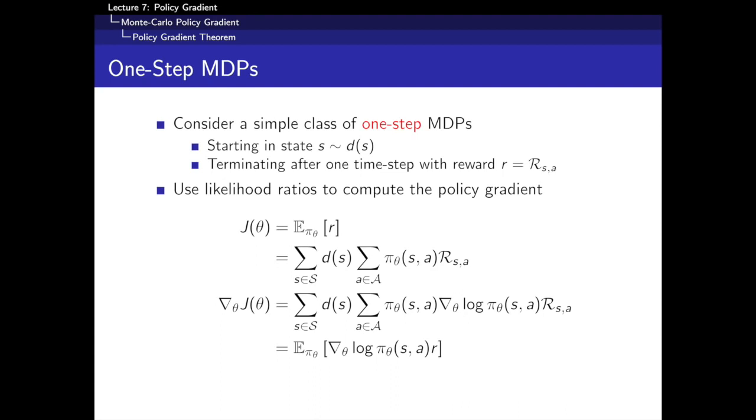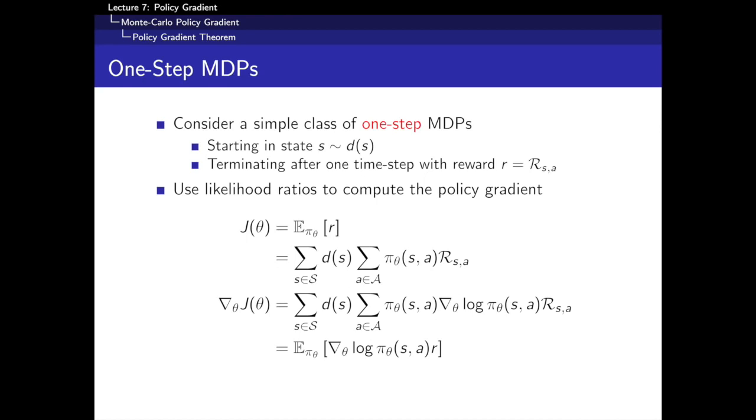And so the way we're going to do that, let's just expand this out. So this is the expectation over the state that we start in, and this is the expectation over the actions that we pick under our own policy. So this is the expected reward. And now we're just going to plug in the likelihood ratio trick. So we're going to take the gradient of this whole thing. We want to know the gradient that gets us more reward. So the gradient of this whole thing, basically, the only term which depends on u is our policy.